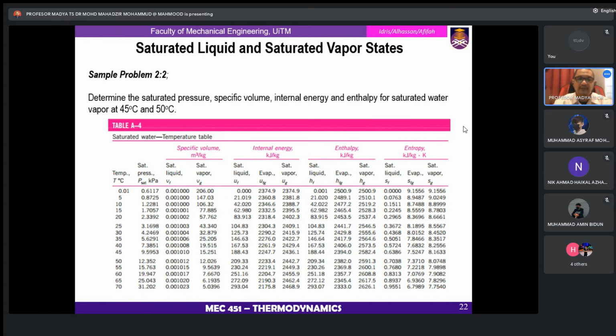How much pressure when the saturated water vapor is at 45 Celsius and 50 Celsius? That is the question.